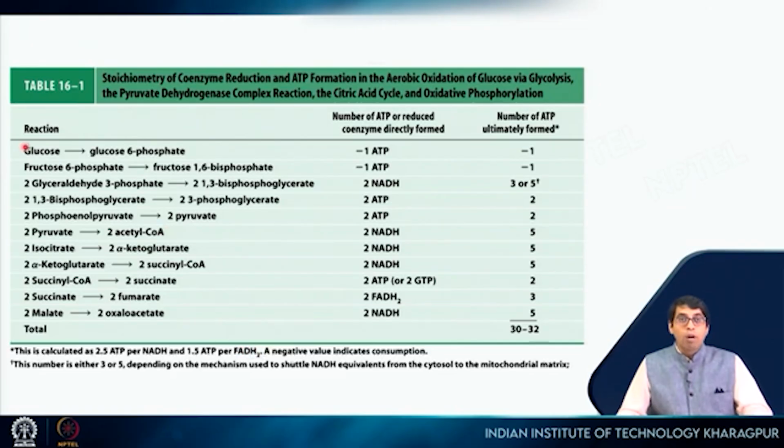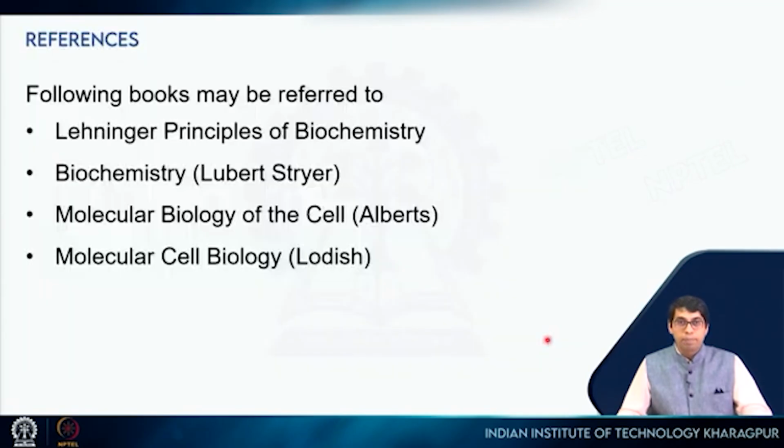So, oxidation of glucose will result in the formation of 30 to 32 molecules of ATP. For this part you can follow any biochemistry book. Primarily Lehninger Principles of Biochemistry is a very good book for this particular lecture.